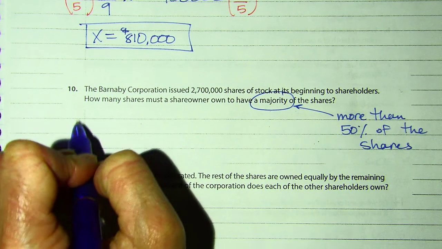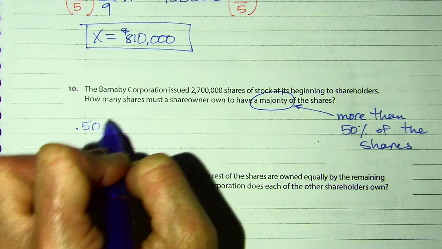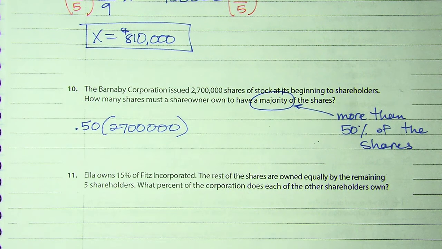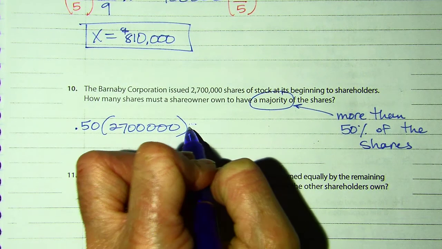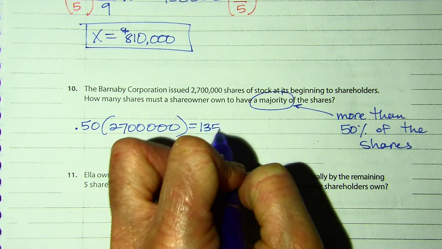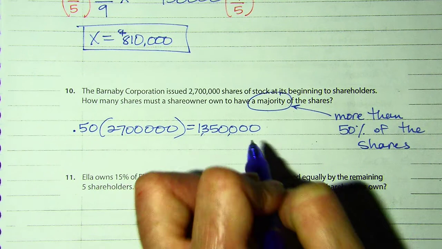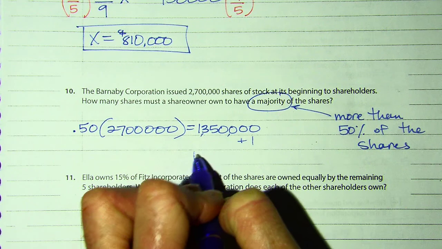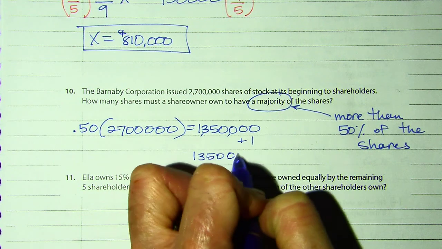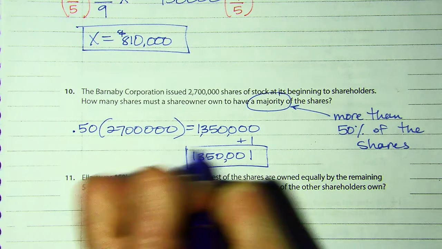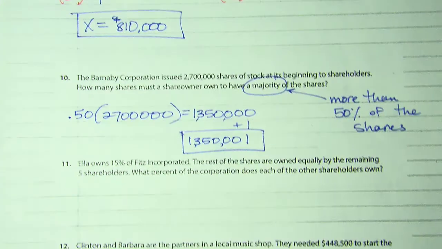So I have to find what is 50% of 2.7 million. So if I multiply that, I get 1,350,000. So 50% would be just plus 1. So 1,350,001. That would be how you would have the majority of shares.